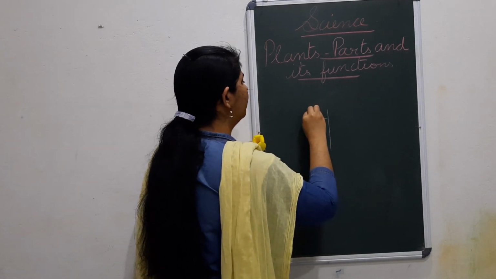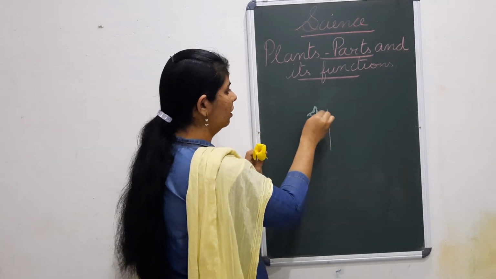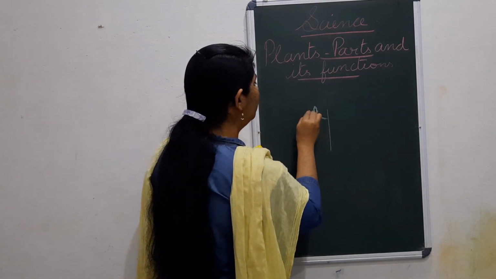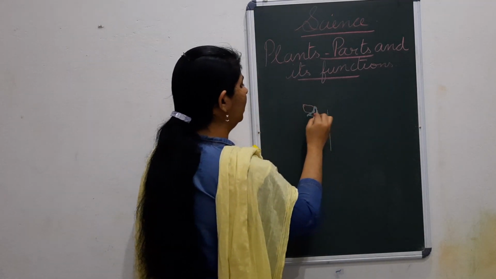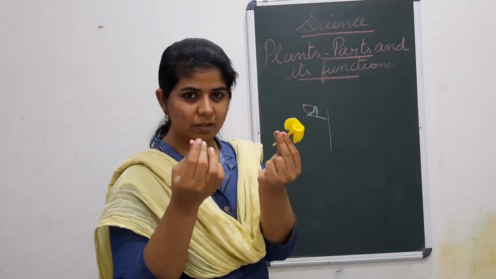From the stalk, from here, you can see a green part, and that bud will be covered with that green color. This is a bud. From that, the flower is blooming out, coming out.